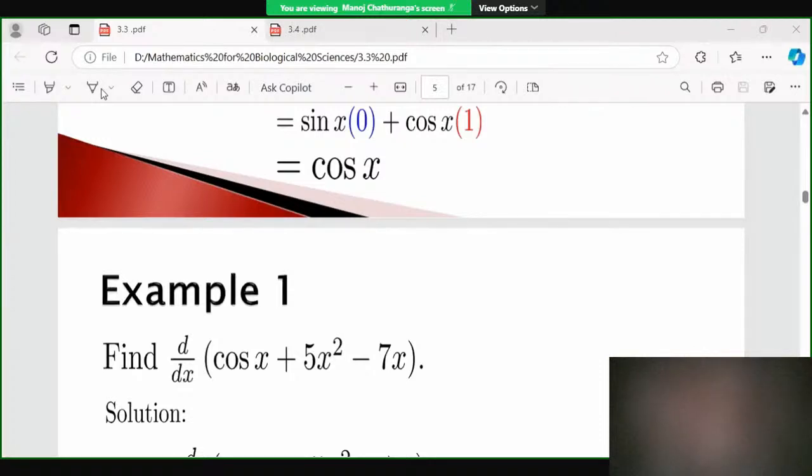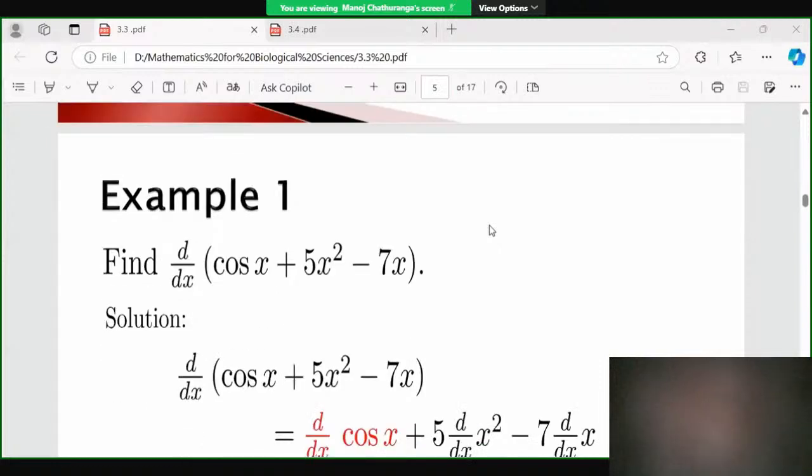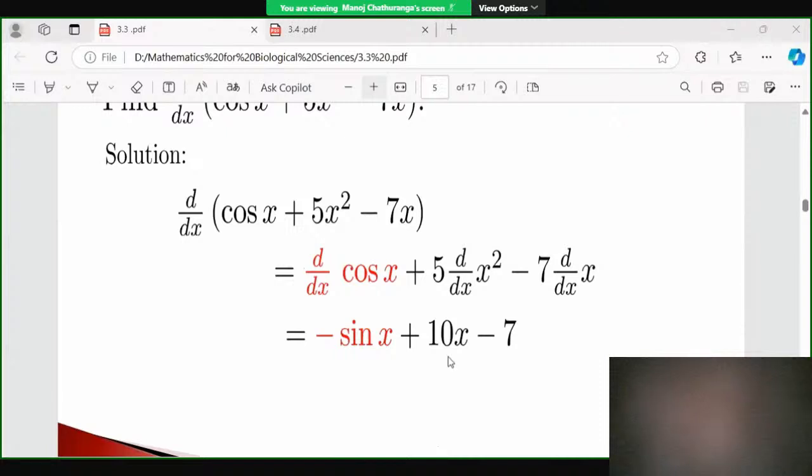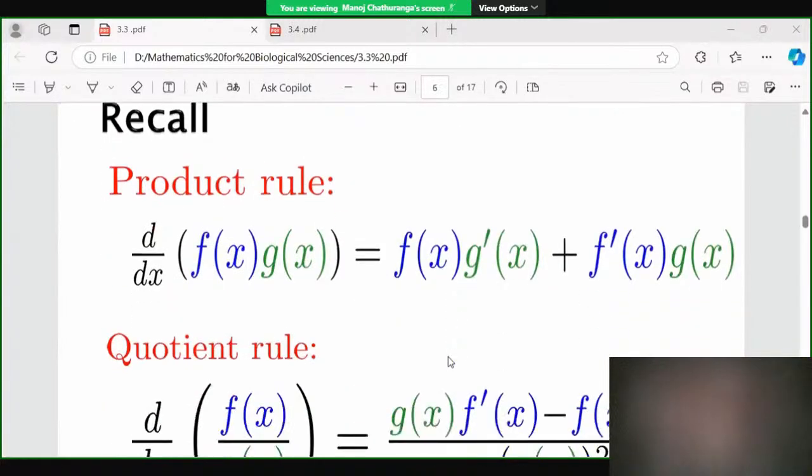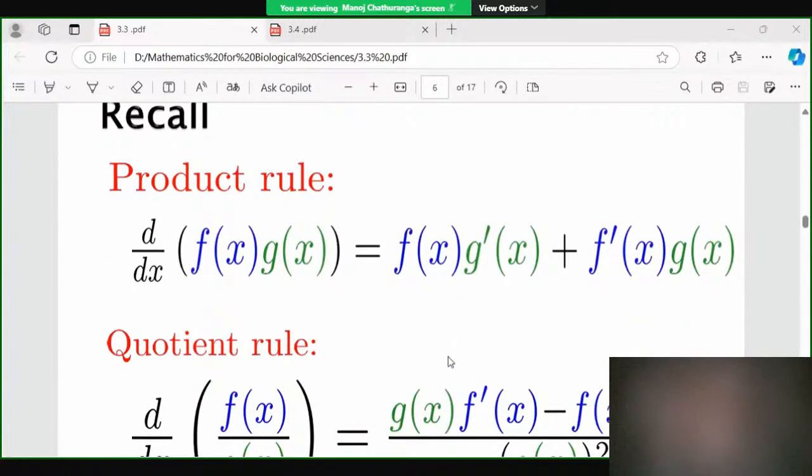Very good. Almost all of you got it correct. The derivative of cosine is minus sine x, and the derivative of 5x squared is 10x, and the derivative of negative 7x is negative 7. Now we can combine this new knowledge of the derivatives of sine and cosine with product and quotient rules.